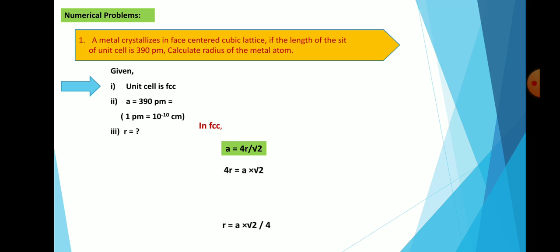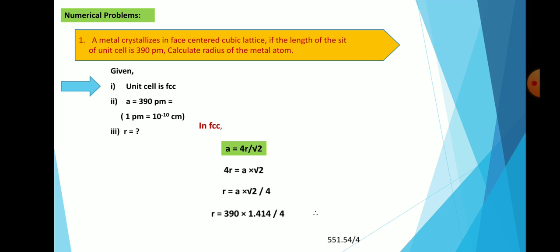Again, in simple form, r is equal to a into under root 2 divided by 4. Now we know the value of a. Put the value directly: 390 picometer into the value of under root 2, which is 1.414, divided by 4.